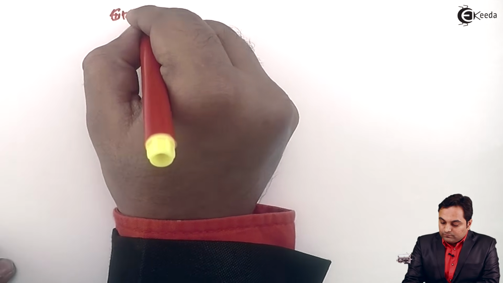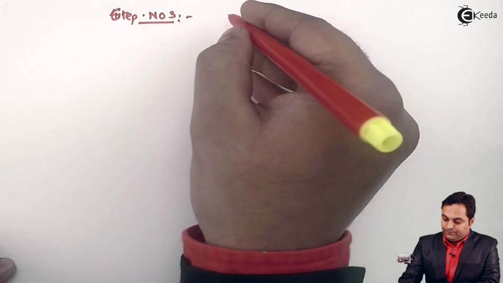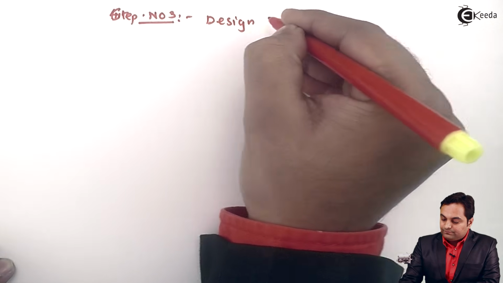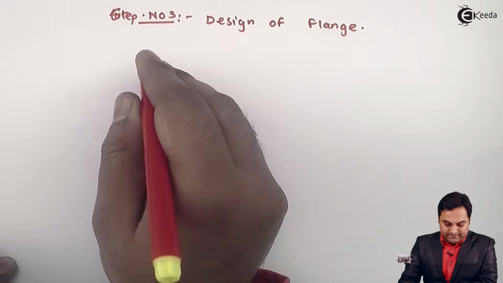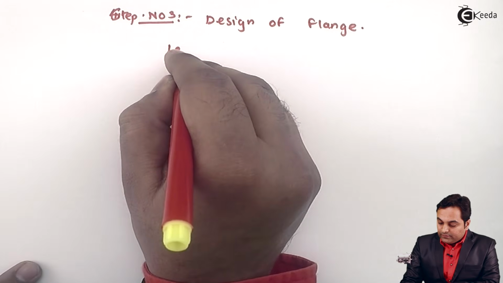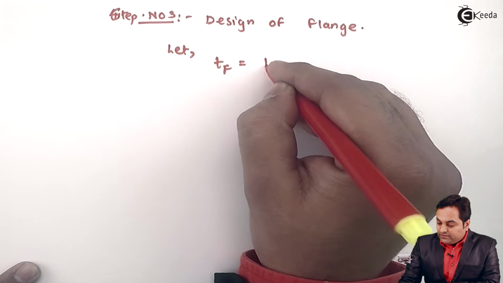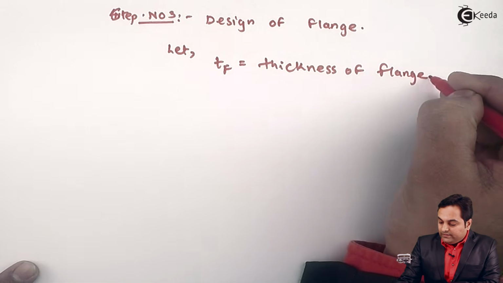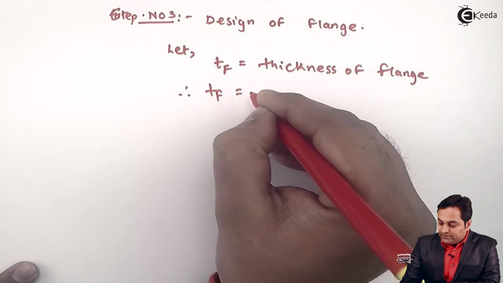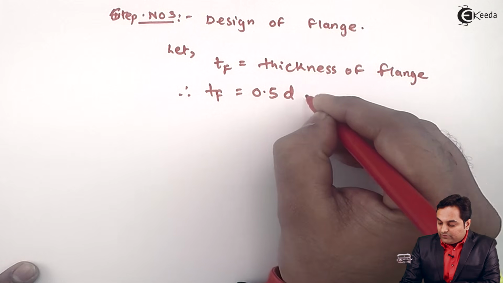Next, after designing the shaft and the pin, step number 3 is the design of flange. In this design of flange, first of all, let TF be the thickness of flange, given by the relation 0.5 times the diameter of shaft.